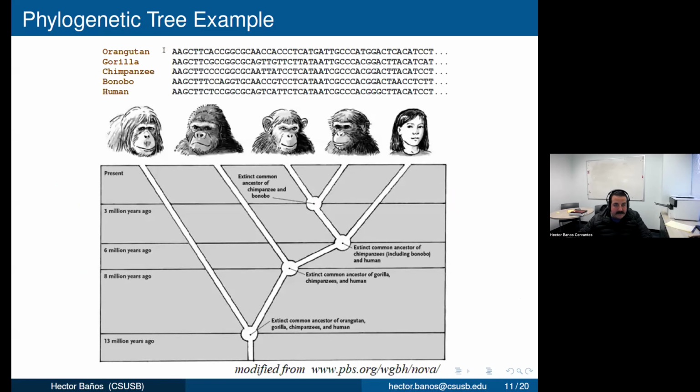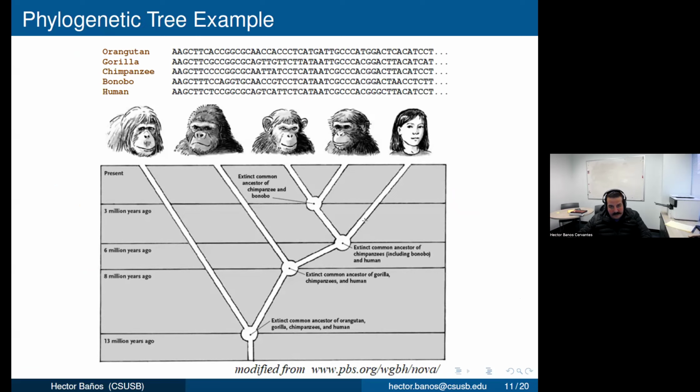Once you have a set of aligned sequences, what you want to find is the phylogenetic tree, the one that shows how the species evolved. For example, here we have the one relating orangutan, gorilla, chimp, bonobo, and human. Here we can see that the most closely related are chimp and bonobo, and they have an extinct common ancestor here.